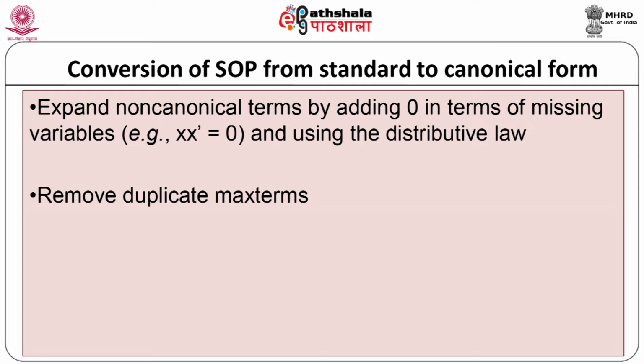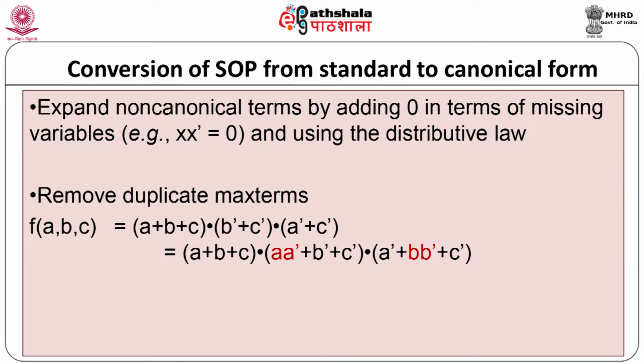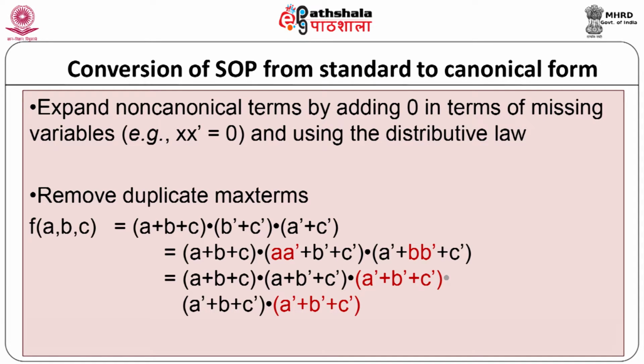Let us consider an example of Boolean expression containing 3 sum terms. In the second sum term, A is missing, and in the third term B is missing. So, let us expand by writing A bar in the second term and B bar in the third term, thereby expanding these terms.